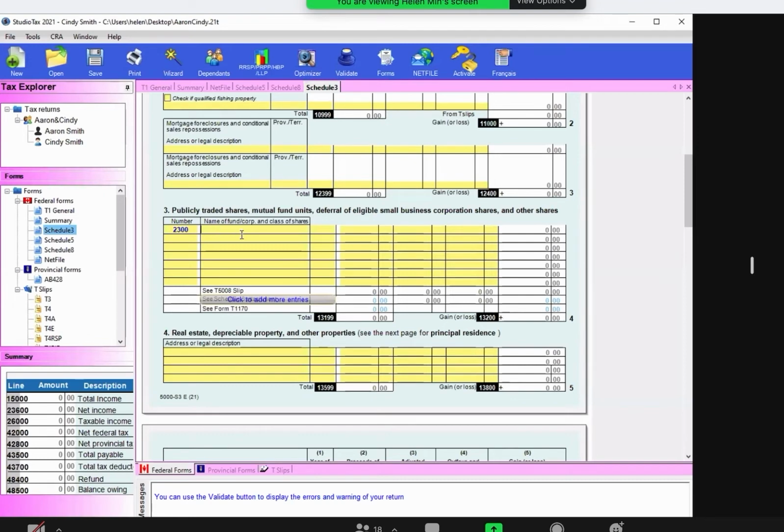Then the name is ABC Ltd., the share's name.